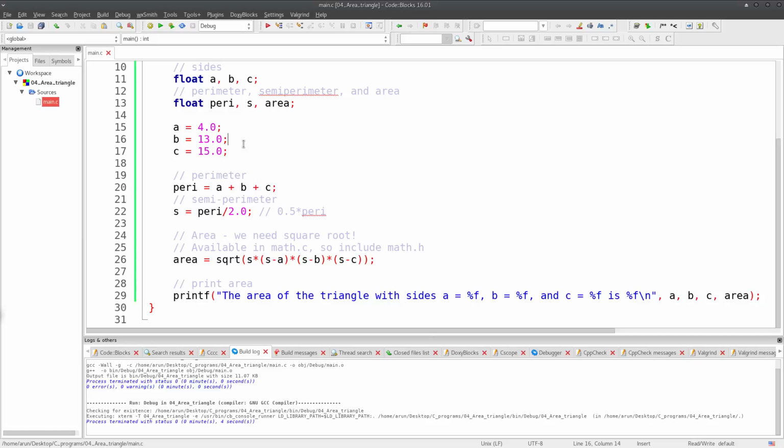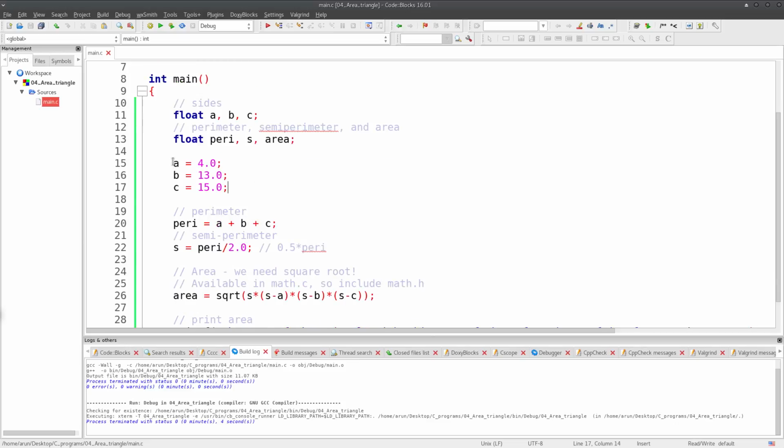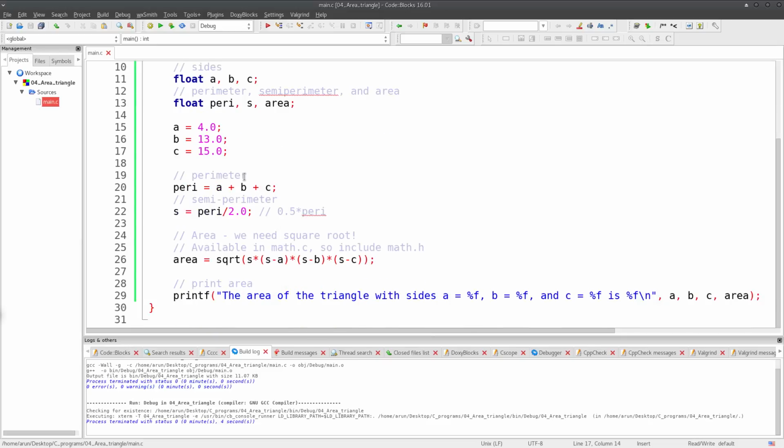Wouldn't that be fun? That's what we're going to do in the next video. We'll automate this program so that the computer, while running it, will ask for the variables directly from the user instead of us going into the program and specifying them manually.